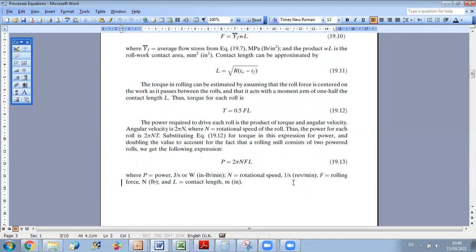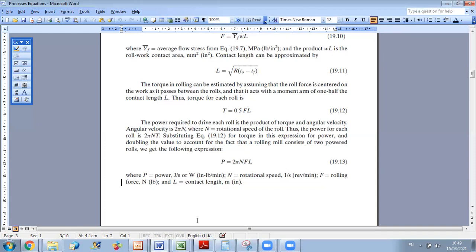So it depends on the given. And the rolling force is in lb, or of course the Newton in SI units, and the contact length meter or inch.